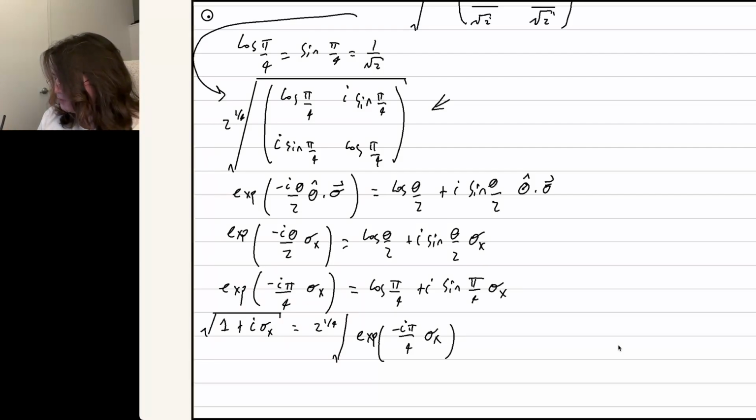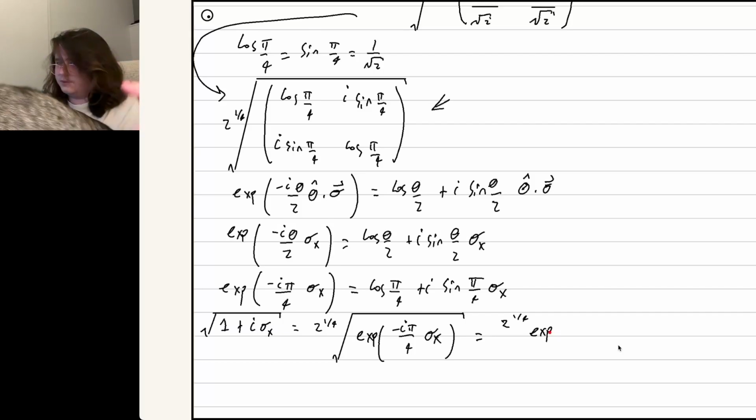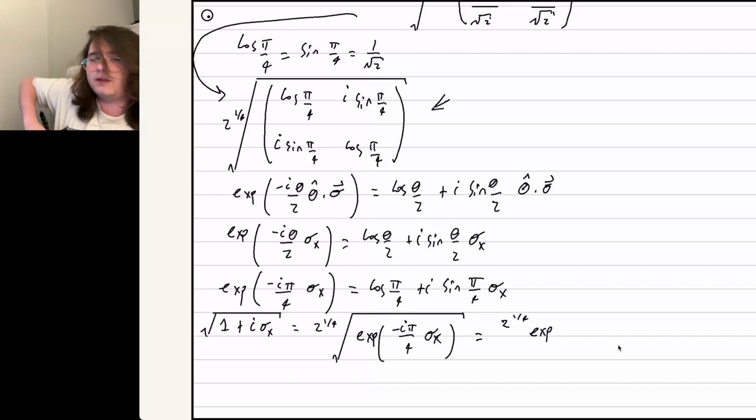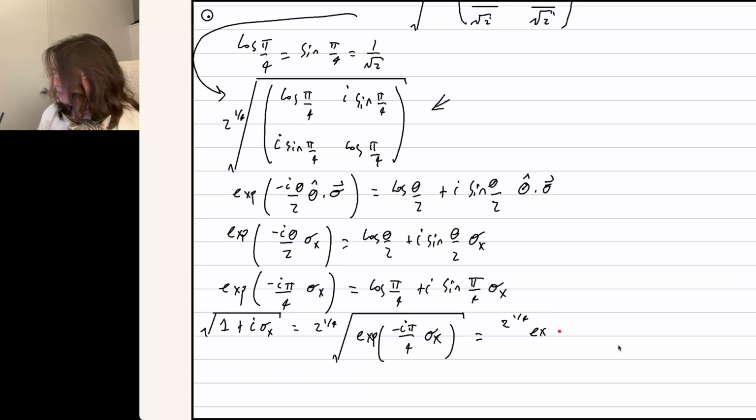And then if you take a square root of an exponent like that, all you're really doing is dividing whatever's on the inside of the exponent by 2.